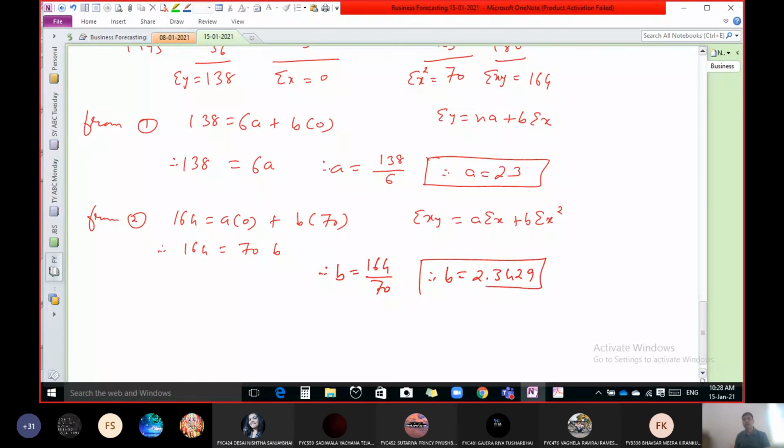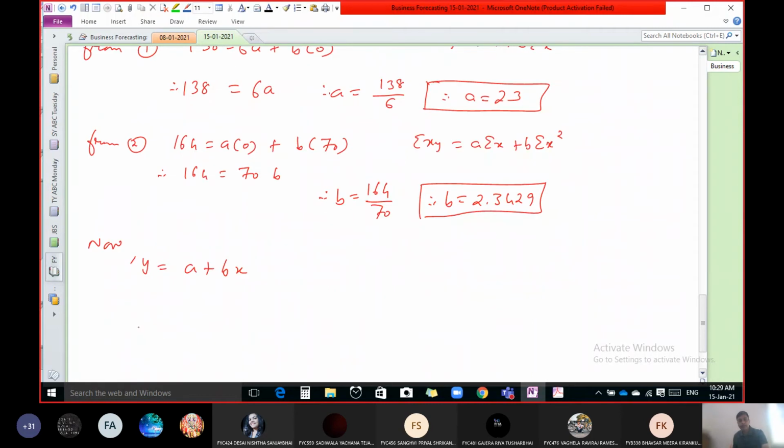Okay, so now we have the values of a and b. Now let us write the equation y equal to a plus bx and substitute the values. So y equal to a, which is 23, plus b, which is 2.3429, and x, here x is 2 times year minus 1992.5.